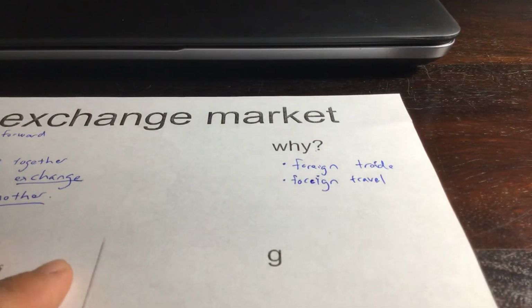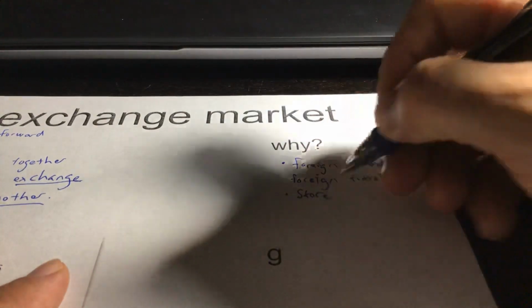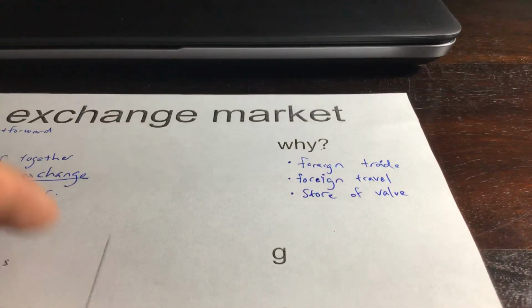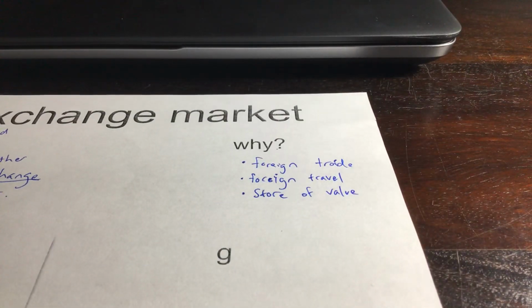Store of value. That means like if you live in, say, Brazil or Mexico and you want to store some value in America, you got $1 million. Let's say you're the star of Narcos Mexico and you want to store your $1 million. You might not want to store it in pesos because pesos go up and down.